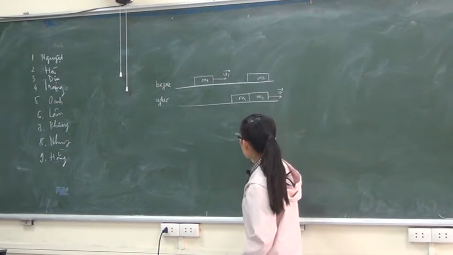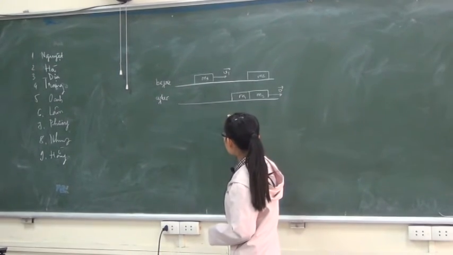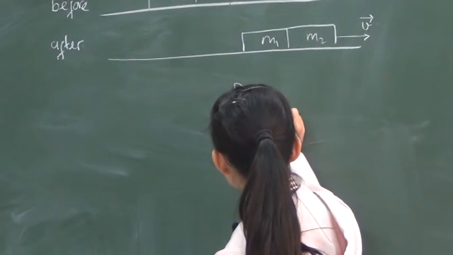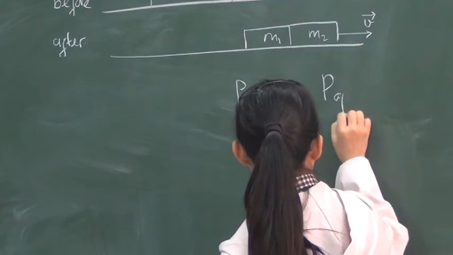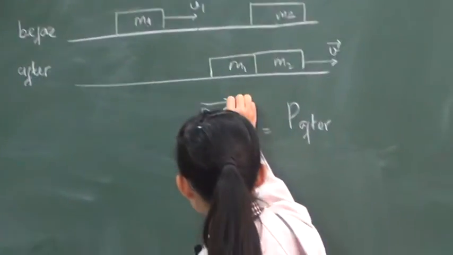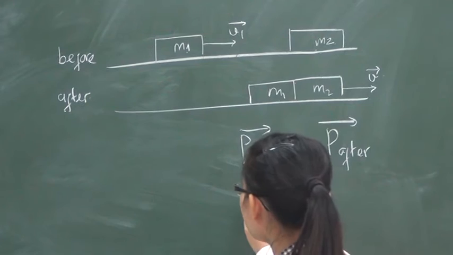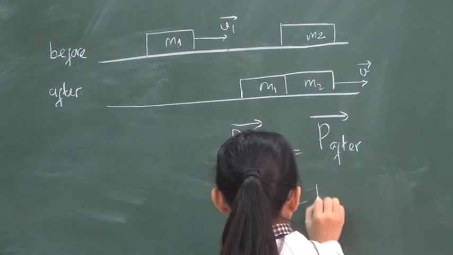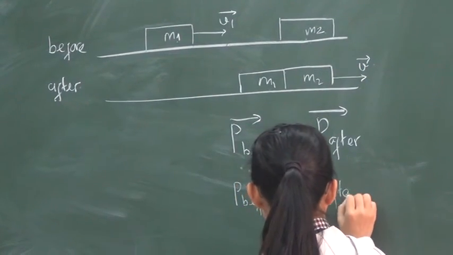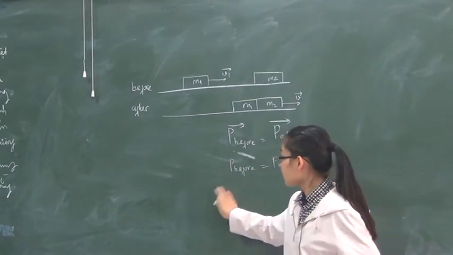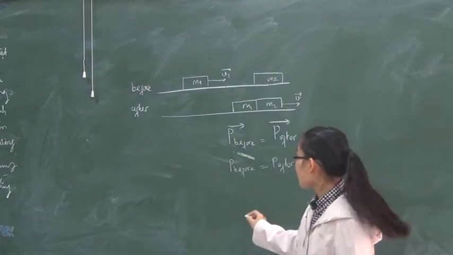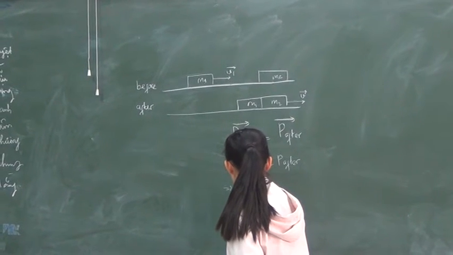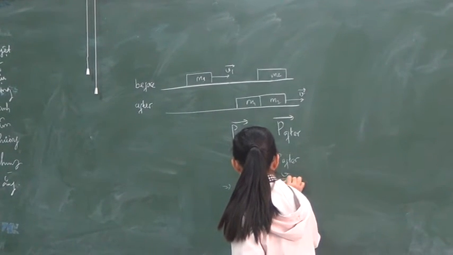In this situation, I remind students of the law that can be expressed as P before collision equals P after collision. It is a vector, and in terms of magnitudes, we have P before equals P after. I think that students can verify that m1 over m1 plus m2 equals v over v1.